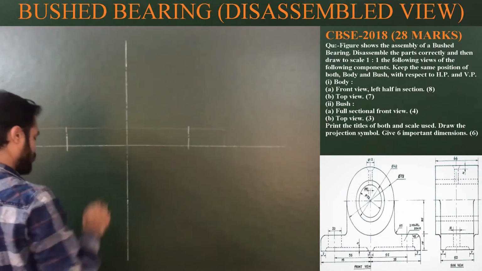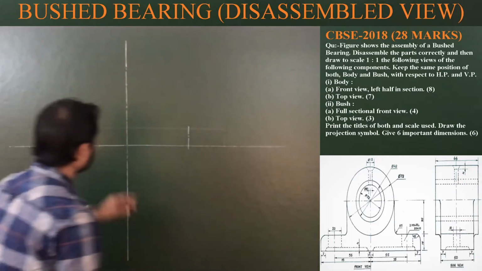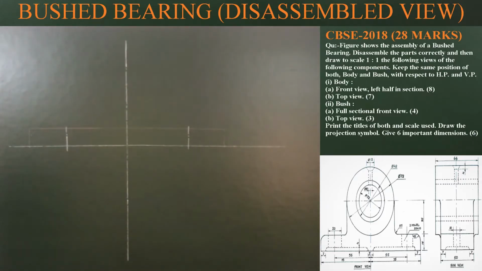Okay, so this point is the center. Now from this point draw the first circle of diameter equal to the external diameter of the bush, or the internal diameter of the cylindrical portion, that is 42.